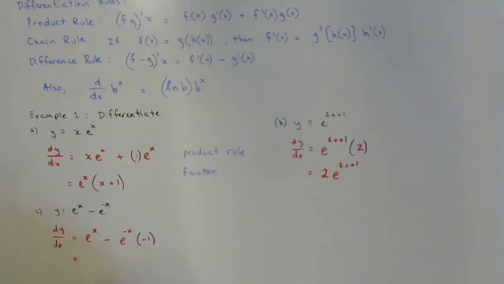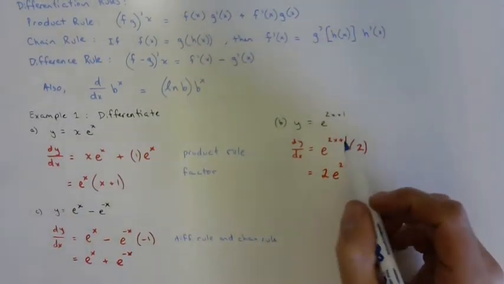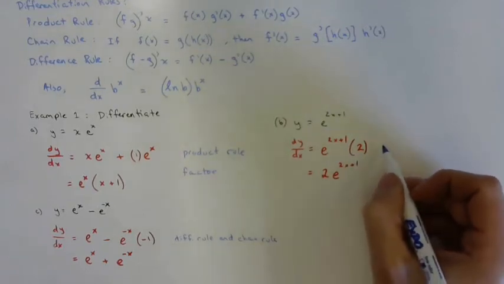So if we simplify this, I just have negative 1 times this negative factor, which is positive. So I'm going to have e to the power of x plus e to the power of negative x. And that is simplified. That was the difference rule and the chain rule.